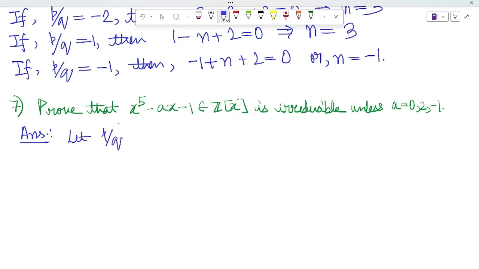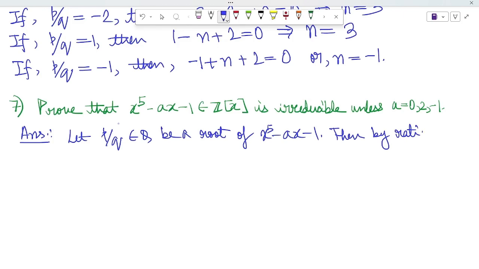Let P by Q belong to Q be a root of x to the power 5 minus ax minus 1. For the rational root theorem, P divides the constant, that is, P divides minus 1 and Q divides 1.